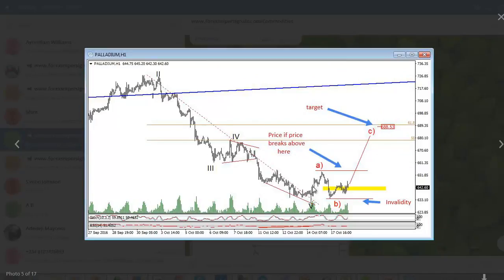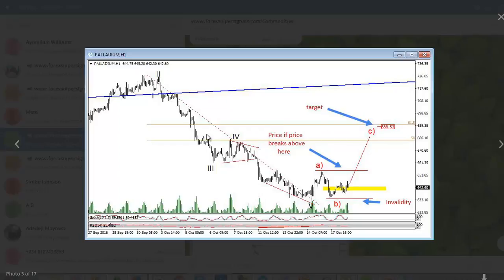We looked at this, and now we're expecting if price could break above here, we actually meant to buy here, that is, buy if price breaks above this level here, but price didn't actually break above here. And then we looked at this scenario.